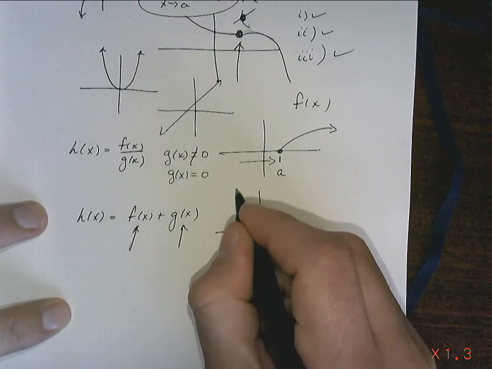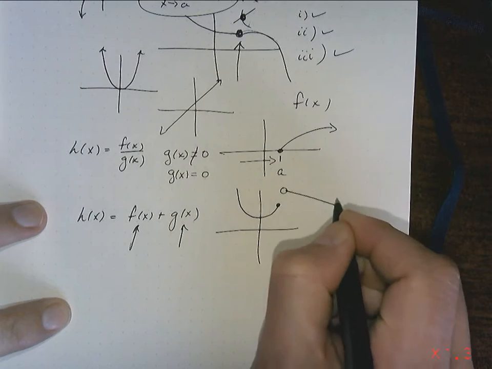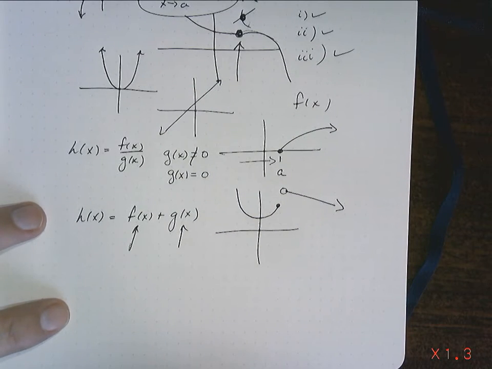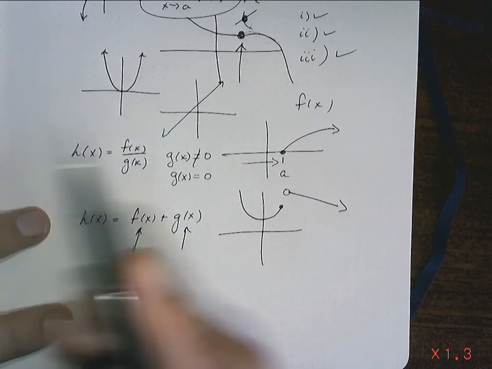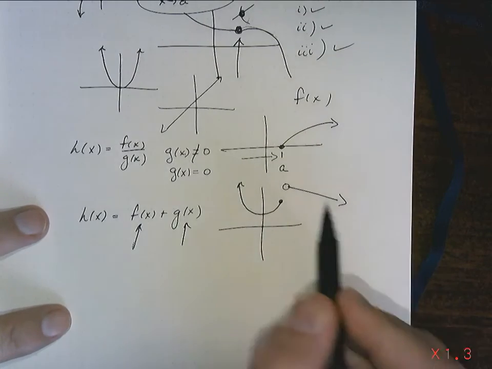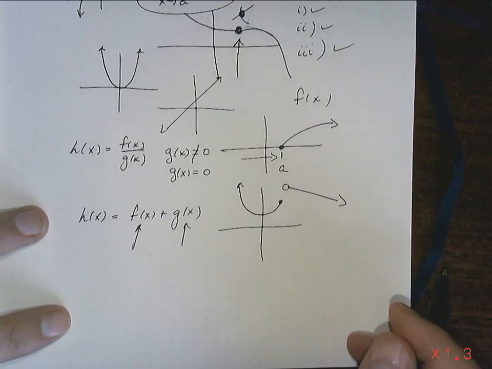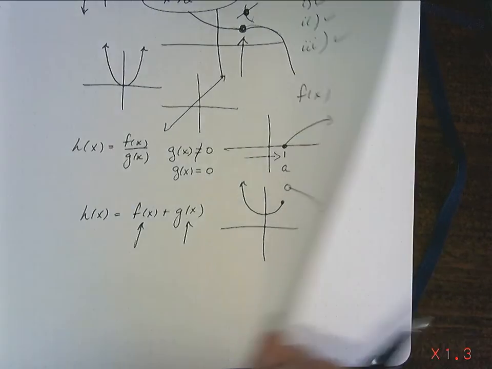They might not be continuous where they meet. In which case, the only place that I'm really interested in is where they're meeting, because if I know that this is defined everywhere on its domain, and I know this is defined everywhere on its domain, then I know they're going to be continuous everywhere. Okay, so now that's our concepts.